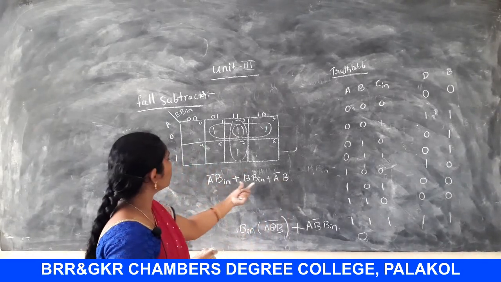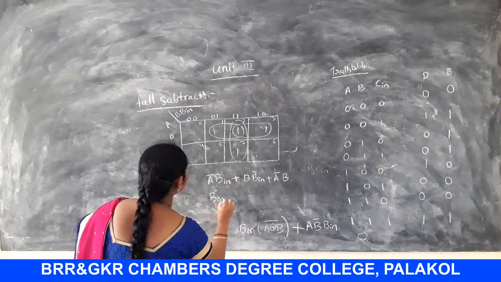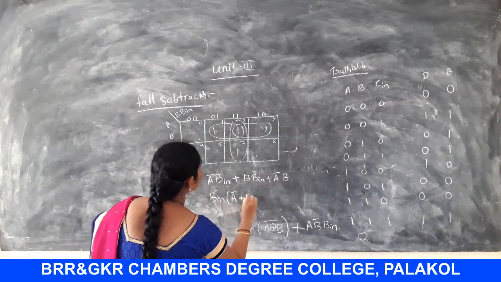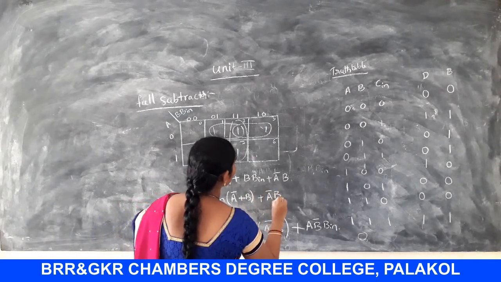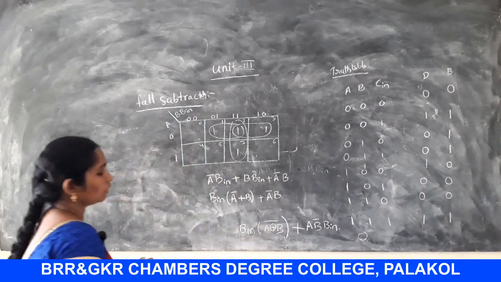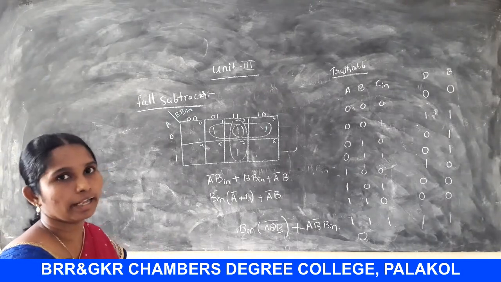From these two we have to common the B in here. So this is A bar B plus B plus A bar B. Okay. So for these two we have to draw the logic diagram.